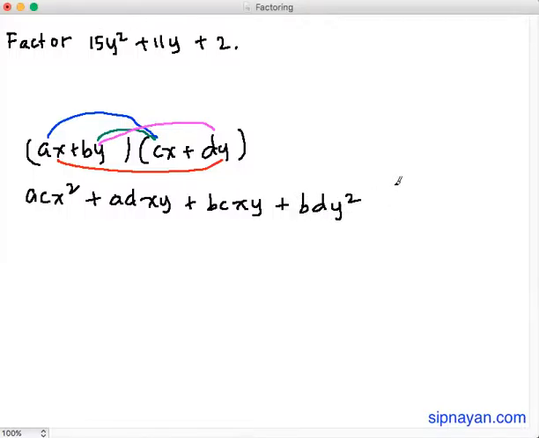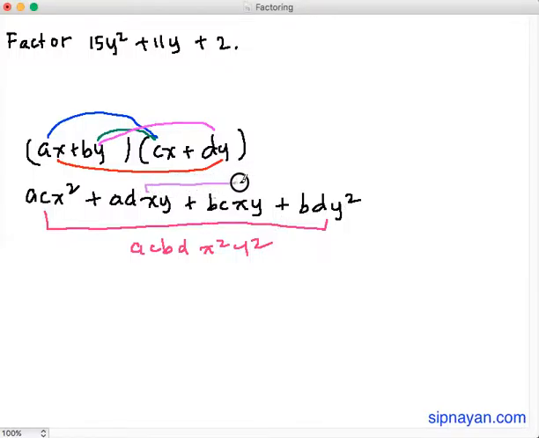Now notice that when I expand and multiply this, the product of the first and last terms is ac bd x squared y squared. If I also multiply the two middle terms, ad and bc, and x times x is x squared, y squared, I get the same thing.